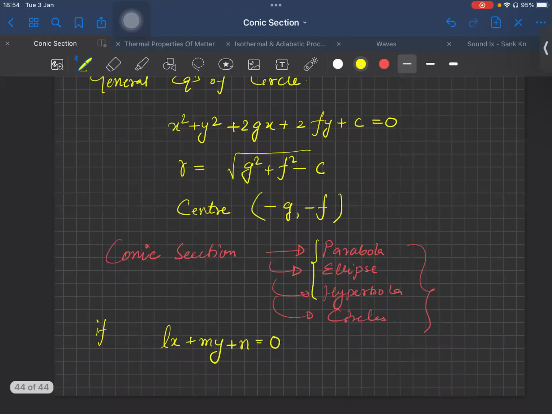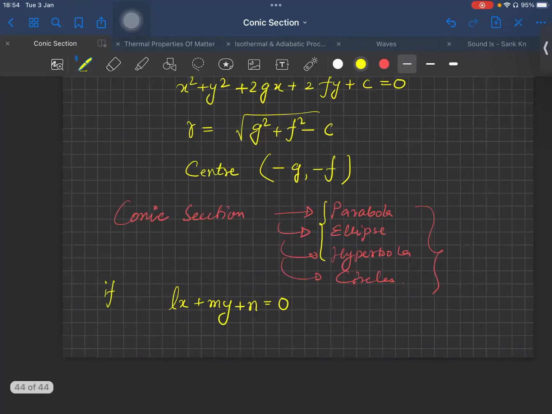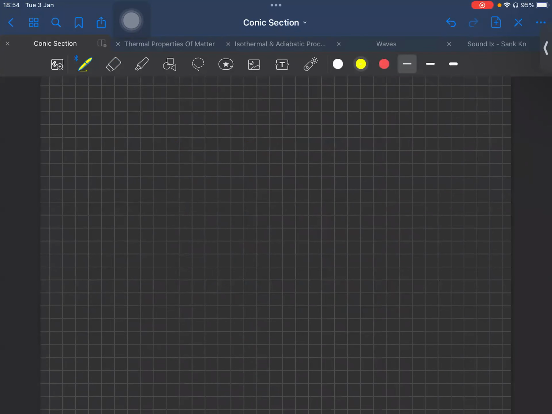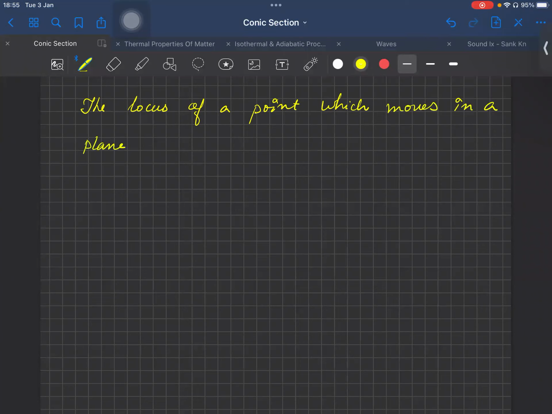Before we go ahead again, let's define any conic section. How will you define any conic section? Conic section can be defined as the locus of a point which moves in a plane. Of course, all we are talking about is 2D figures. That's why we talk about only x and y axis. We do not talk about z axis.